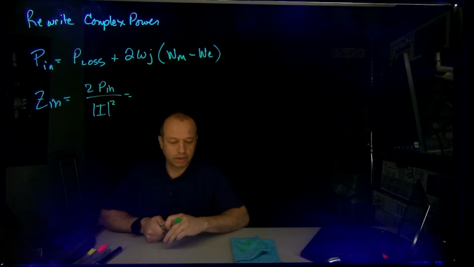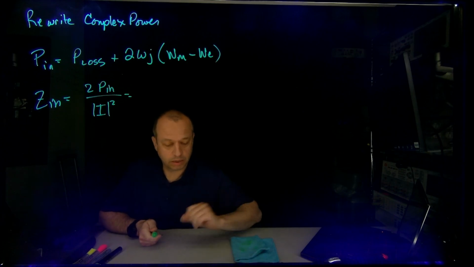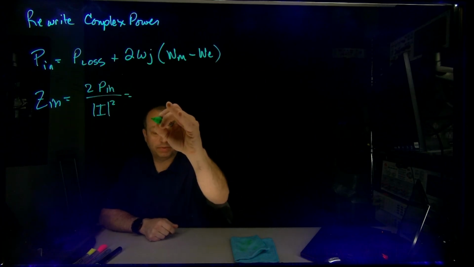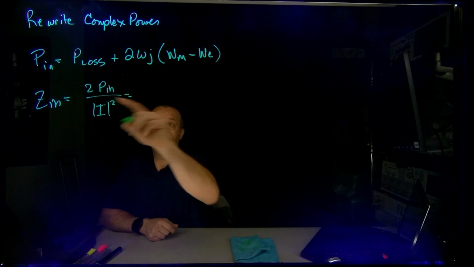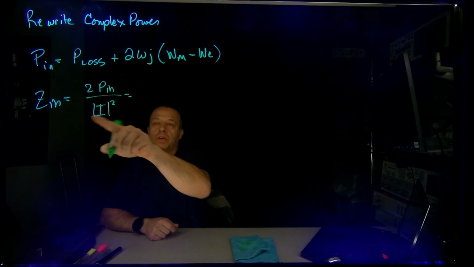So adding this equation directly into that, we have our P loss and 2 times Pn. If you distribute this all the way through, we just drop this down.